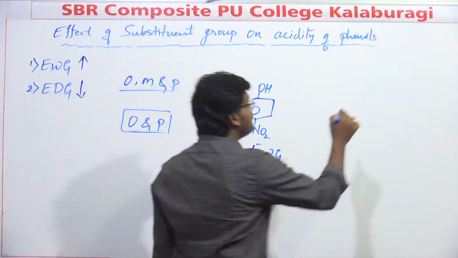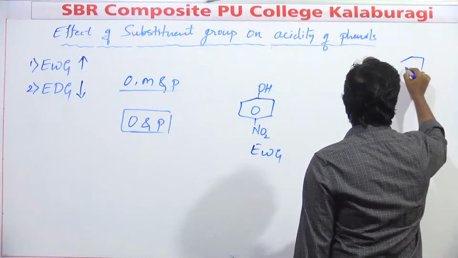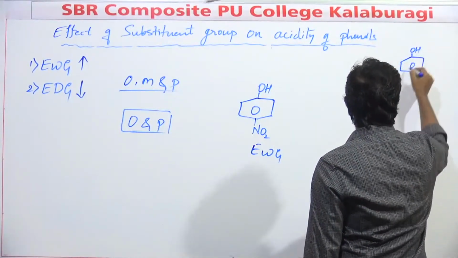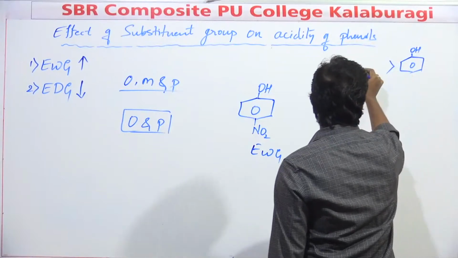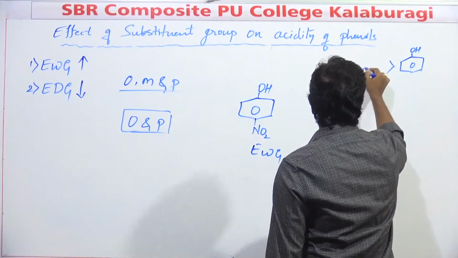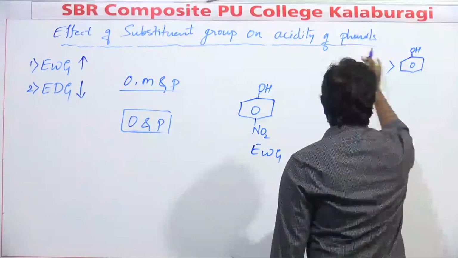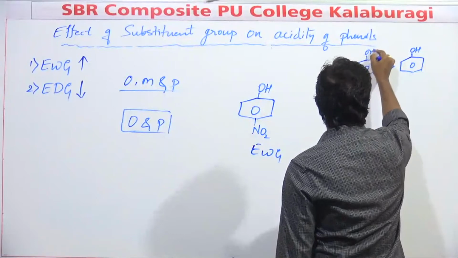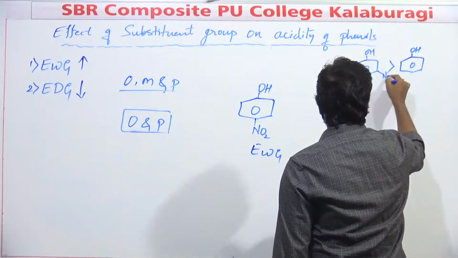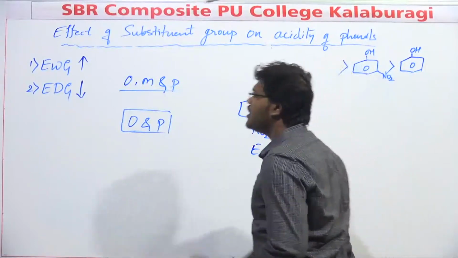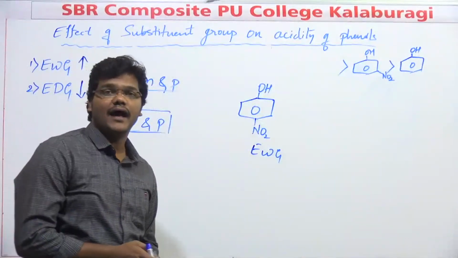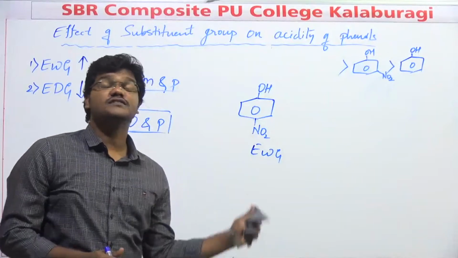So compared to phenol, the next one is metanitrophenol, which is more acidic. Then after meta, I have ortho and para. Now among ortho and para, who is more acidic?